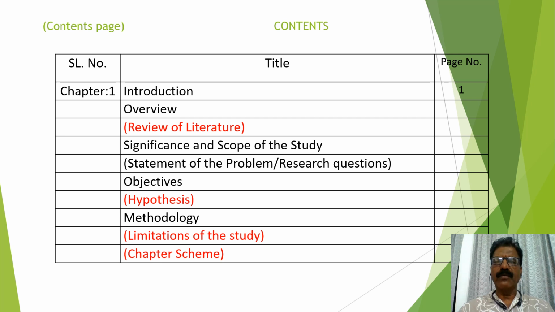Then statement of the problem and research questions. Then objectives. Then hypothesis, which can be omitted at the 10th and 12th levels. Then comes methodology of writing the project, then limitations of the study, then chapter scheme. Limitations of the study and chapter scheme can be omitted.